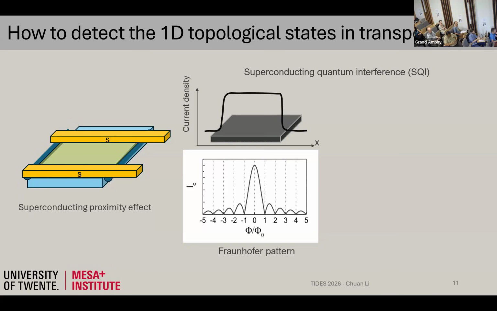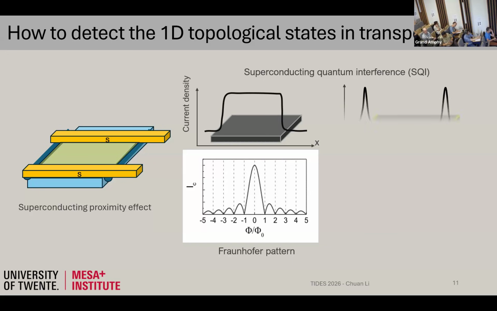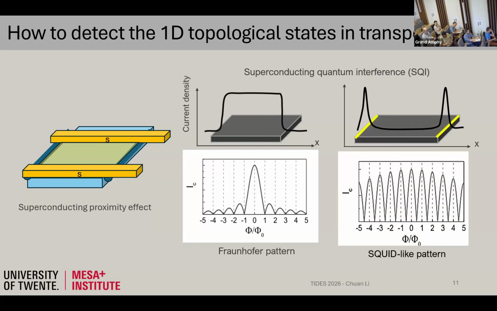So if you apply the out-of-plane field, you should see some Fraunhofer-like oscillation pattern. You have a homogeneous current distribution across the entire flake, and they will become a more straight-line behavior if you have only strong contribution from the edges.